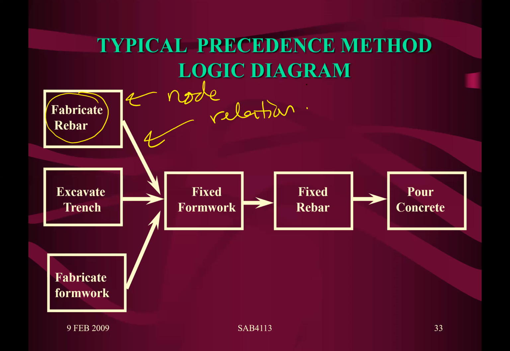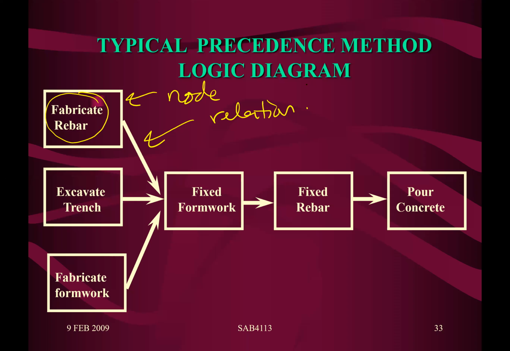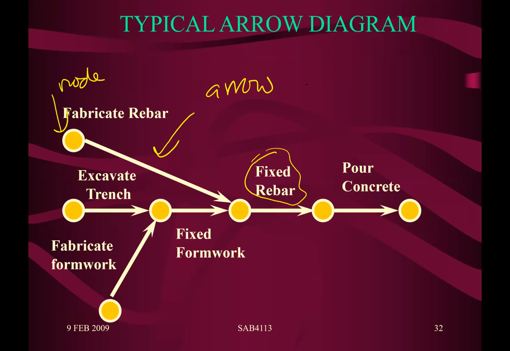If you draw an AOA diagram, it will look like this. If you draw an AON diagram, it will look like this. Very neat, because all the activities are inside the box. The arrow is just simply to show the relationship. Whereas in the arrow diagram, the arrow itself reflects the activity.